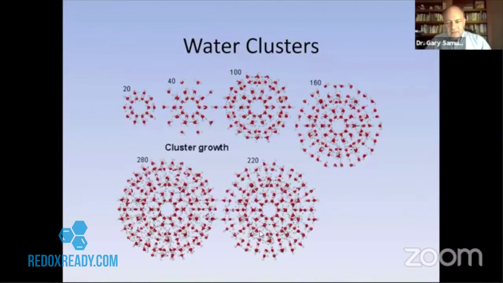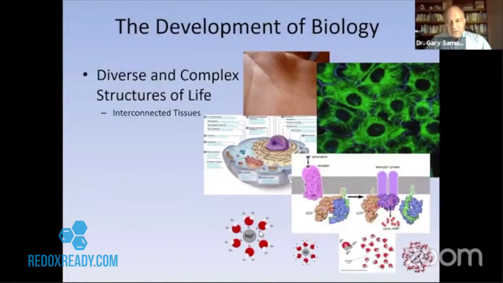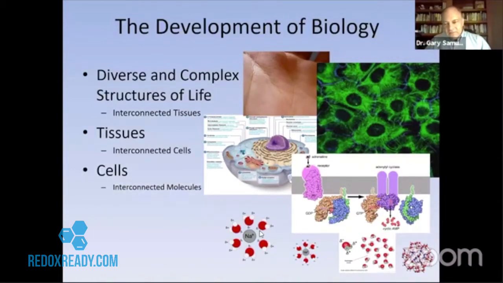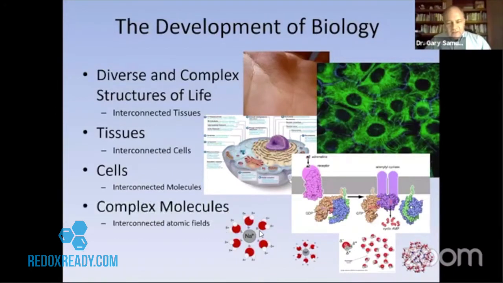inside the cells. As we're developing biology, we start realizing that we are made out of a bunch of tissues, and those tissues are made of interconnected cells. These cells have all sorts of things happening, just a metropolis of activity inside, from complex molecules that are connected and orchestrated, and they're all connected through the saltwater medium.